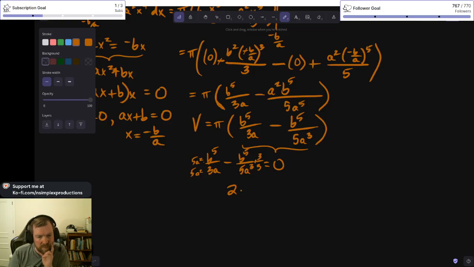Nope, those don't combine. 5a squared b to the 5th minus 3b to the 5th over 5a to the 3rd.